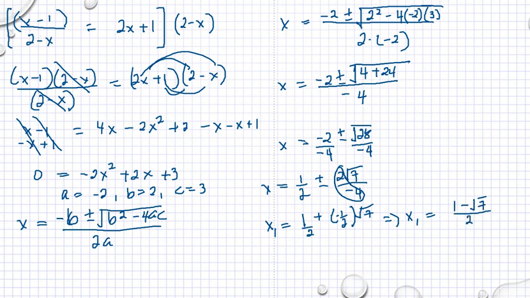And the other one, x sub 2, is equal to 1 plus the square root of 7 divided by 2.